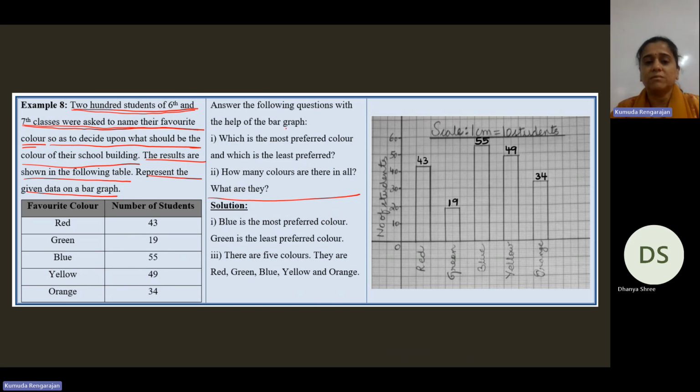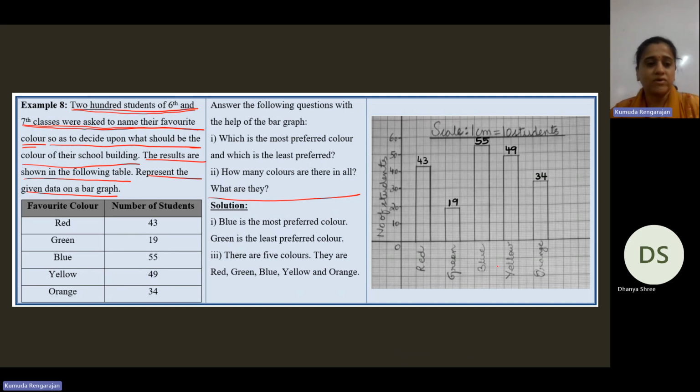Which is the most preferred color and which is the least preferred? The least is green. You can answer that from here also, but they asked you to put up a bar graph and answer the questions using the bar graph, depending on how tall or short the bar is.